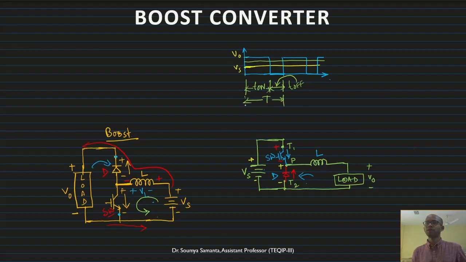So obviously the total time period T equals T on plus T off. On and off refers to the switch I am talking about. So this is 1 by F. What is F? This is the switching frequency, how fast we are switching this device.